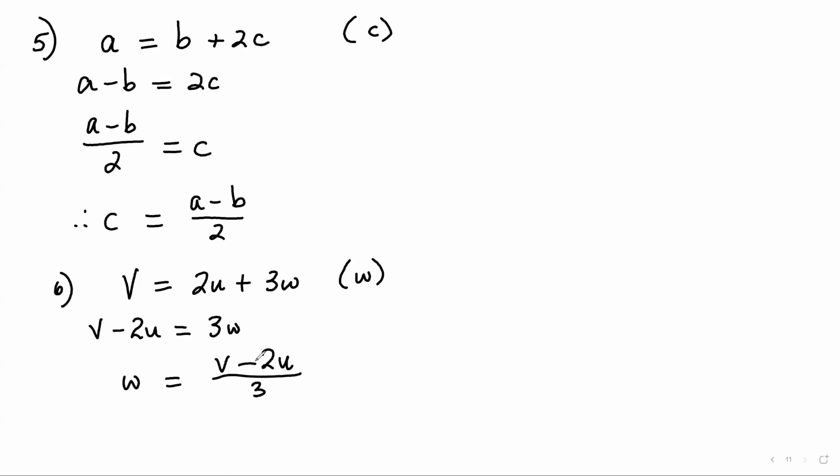Okay, let's look at if we have c is equal to x minus y over 3, and I want to make y the subject. All right, so the first thing I'm going to do is get rid of this x, right?